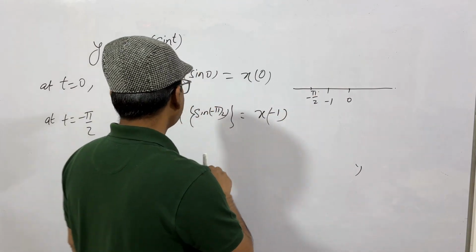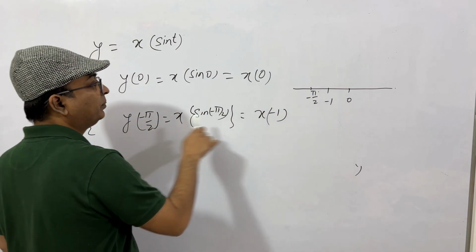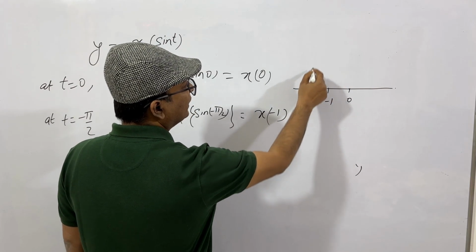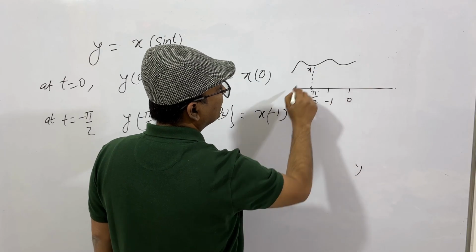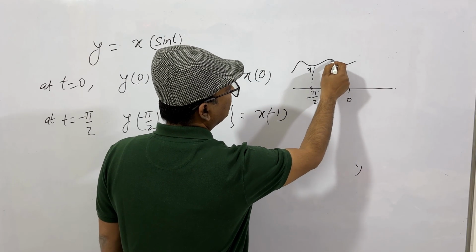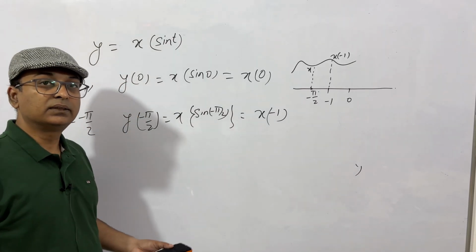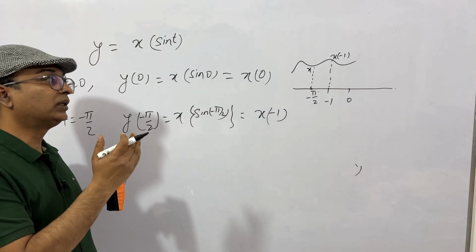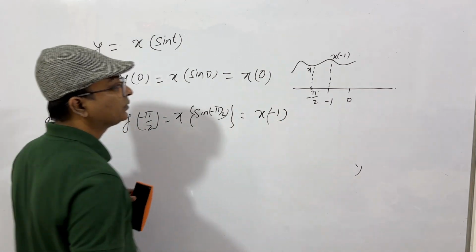That is, the value of the output will depend on the future. We are not talking of x at this point; we are talking of x at minus 1, which is some future value. Obviously, this is not causal. The definition says that it should depend on the present and past values only, but this is anticipating the future.